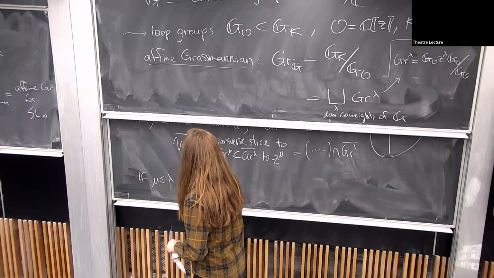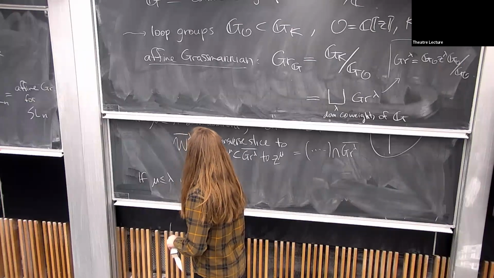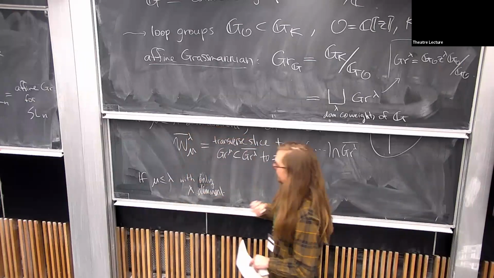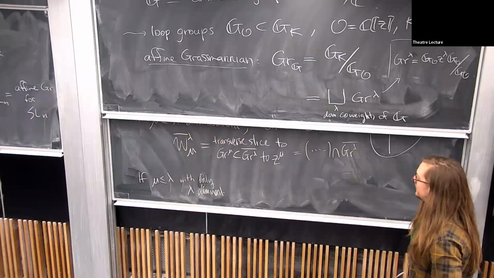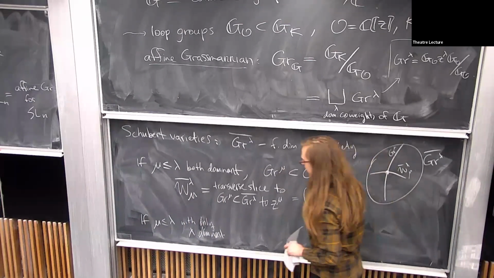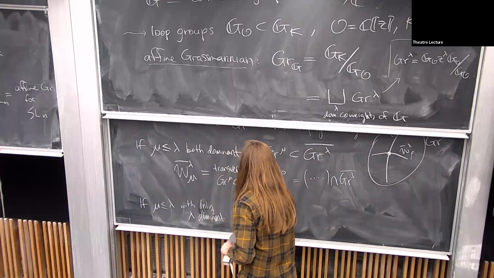So only lambda is dominant. Mu might be something else, could be anything less than lambda. Then we can leave this affine Grassmannian picture a little bit and obtain what's called a generalized slice.